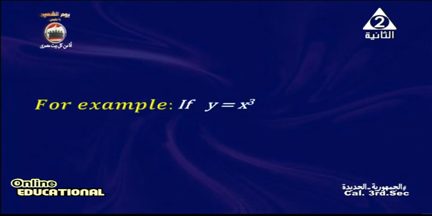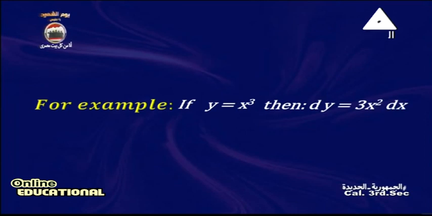For example, if y equals x to the power 3, then dy equals 3x power 2 dx. The differential of y is dy, and the differential of x power 3 is 3x power 2 dx.